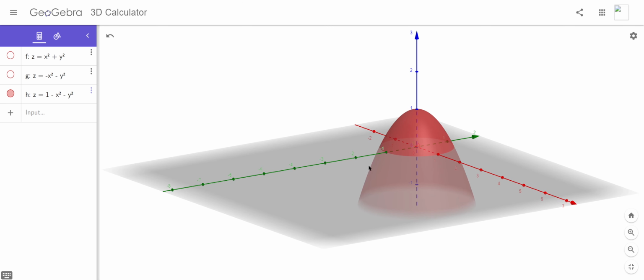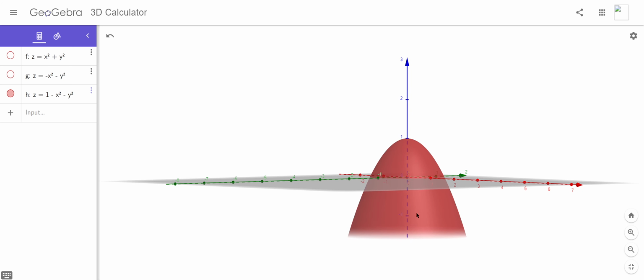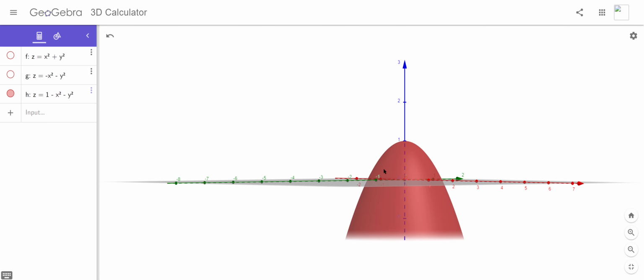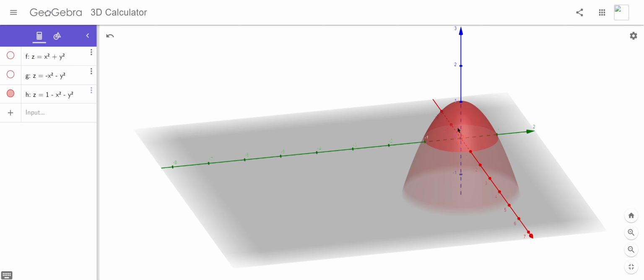The entire graph is what's going down there, so it keeps going down. My surface S is the part of your paraboloid 1 minus x squared minus y squared that lies above the xy plane. So we're looking at this piece above the xy plane.